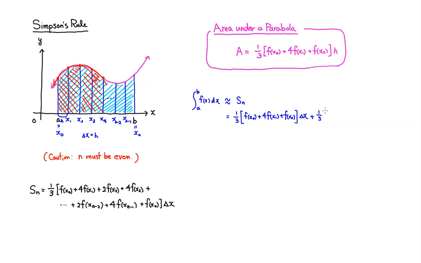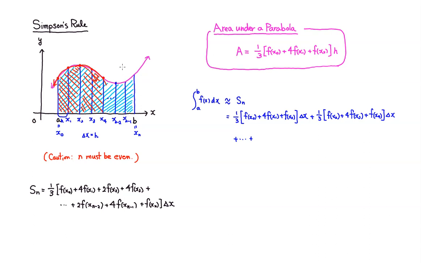You have a 1/3, then the leftmost number is f of x2, then 4 times f of x3, and then f of x4, times delta x. You can keep on doing this.